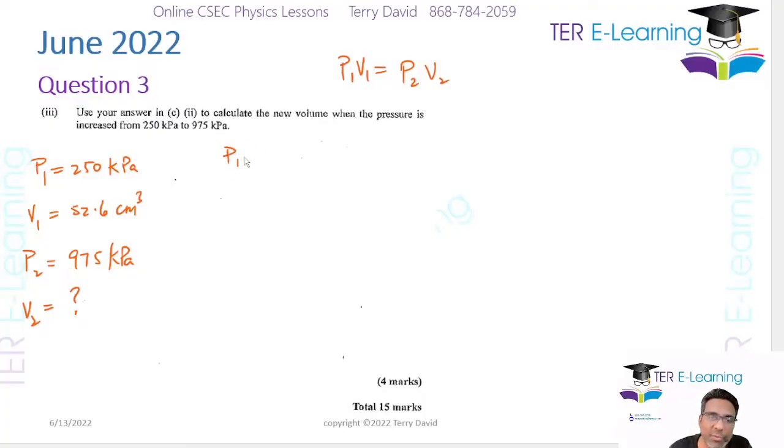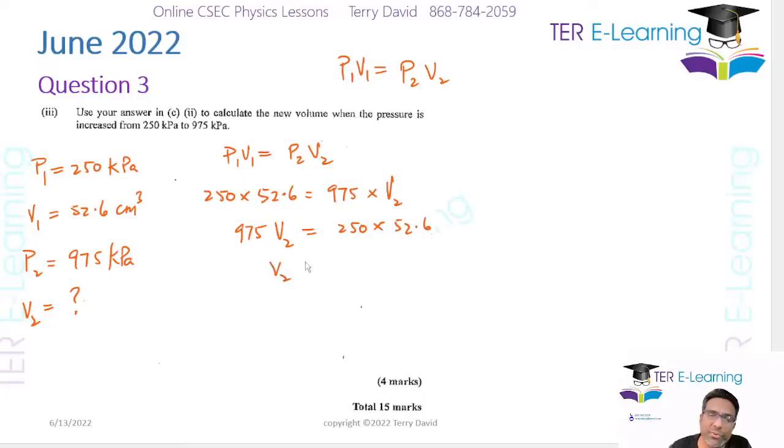So we start off with the formula P1 V1 equal P2 V2. So P1 is 250 multiplied by V1, which we just got as 52.6, is equal to P2, which is 975, multiplied by V2, which is what we don't know. So therefore, 975 V2 is equal to 250 multiplied by 52.6.